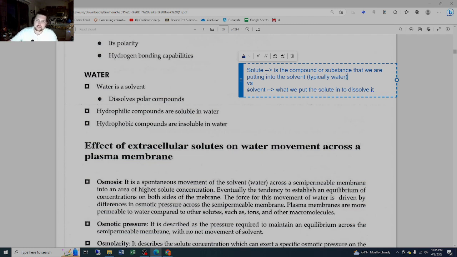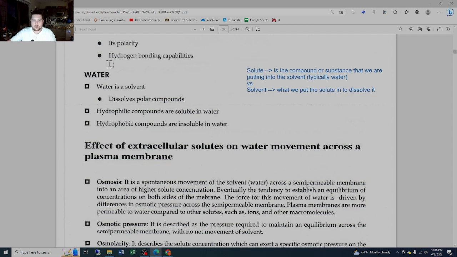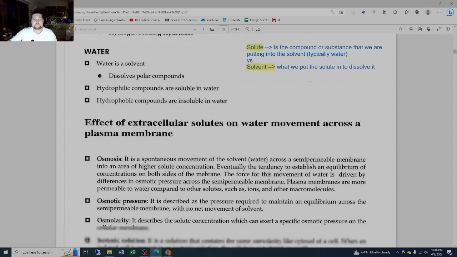It's super easy to get this mixed up. Know these definitions. Really make sure you know them like the back of your hand, so that you don't get them confused or mixed up later on.